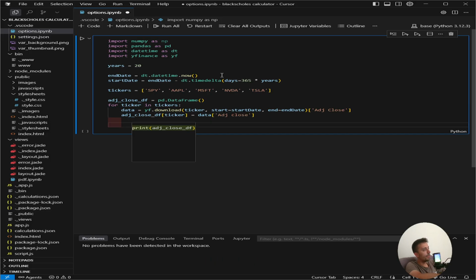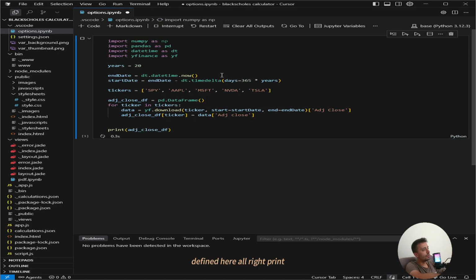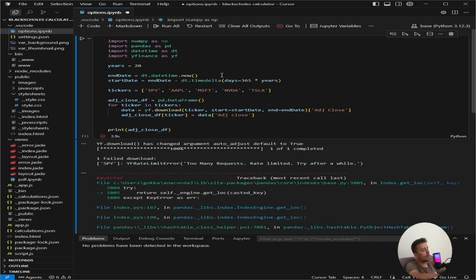All right, and print our adjusted close defined here. I have this error and I don't know why. This error is not about me, this error is about Yahoo Finance, but I won't talk about it, and I will continue.